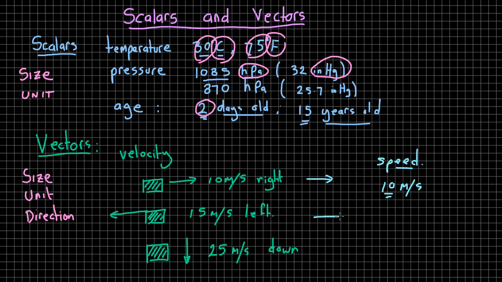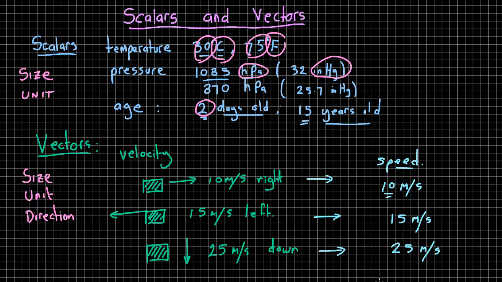In the case of our example of 15 meters per second to the left, the speed would be described simply as 15 meters per second with no direction. Again, no direction, just the size and the unit would be given to us. And the same with the one that was falling, we would have as a speed 25 meters per second with no direction whatsoever.